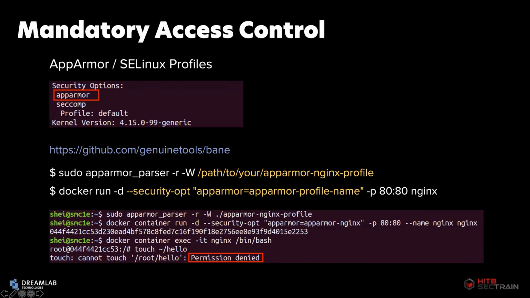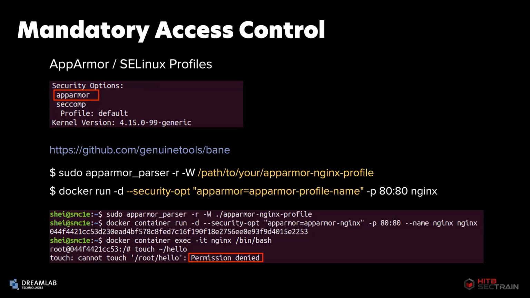So basically, you can apply a very restrictive profile. And it helps for security, as if an attacker compromises the container and cannot write anything on the file system, it is actually very useful. So I recommend doing it, but of course, same as the seccomp profile, it takes time.